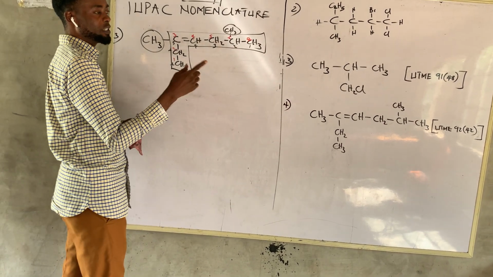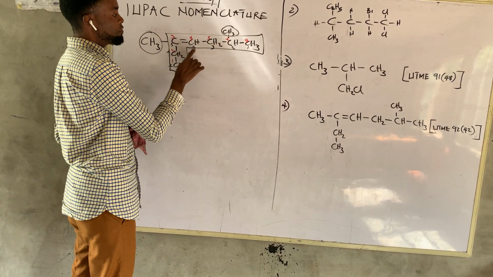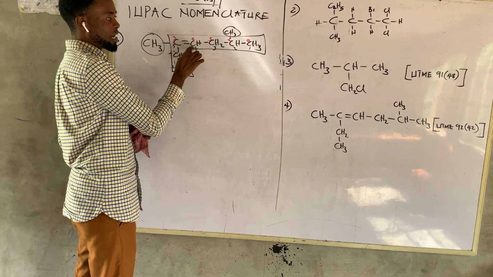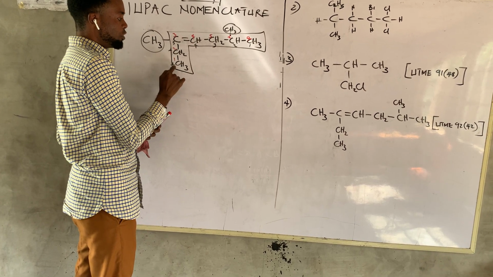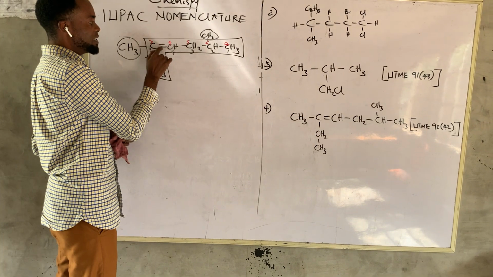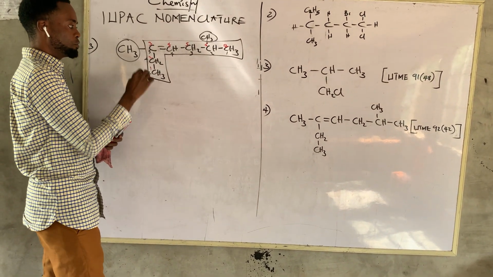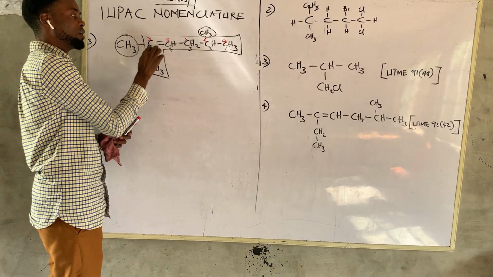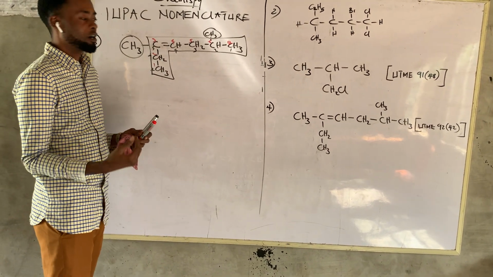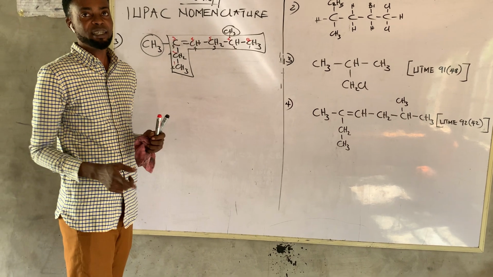Now, if you follow the black ink, this double bond is on carbon 4. But if you follow the red ink, this double bond is on carbon 3. So it's advisable to go with the one where the functional group has the smallest value. Hence, we are going with the red ink.